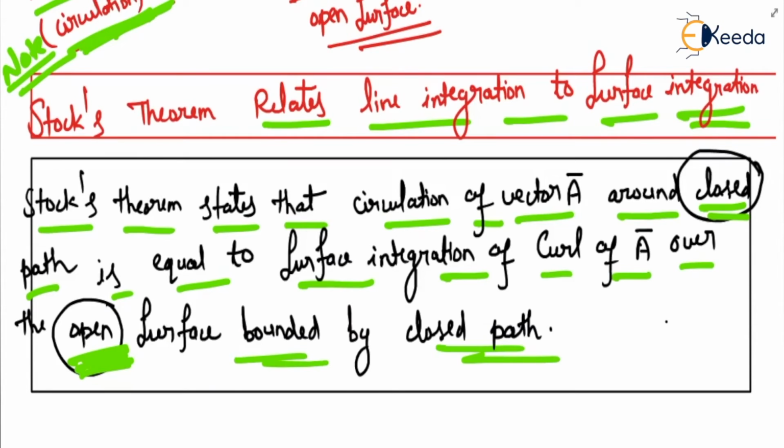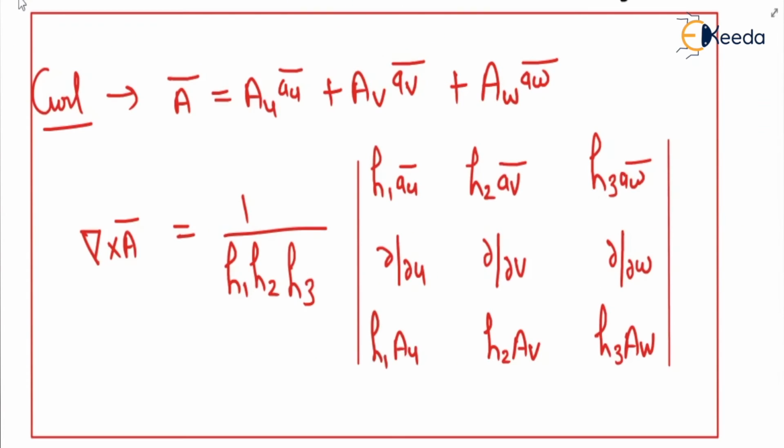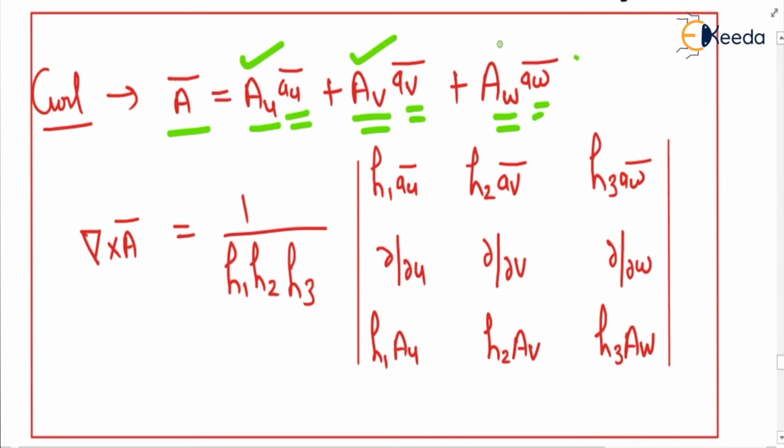Now we will check the mathematical expression for the curl. If A is any vector, it is A_u a_u plus A_v a_v plus A_w a_w, where small a_u, a_v and a_w are the unit vectors in the directions of u, v and w, and capital A_u, A_v and A_w are the coefficients of the unit vectors.